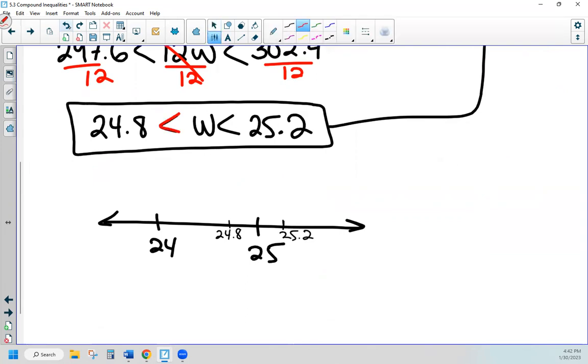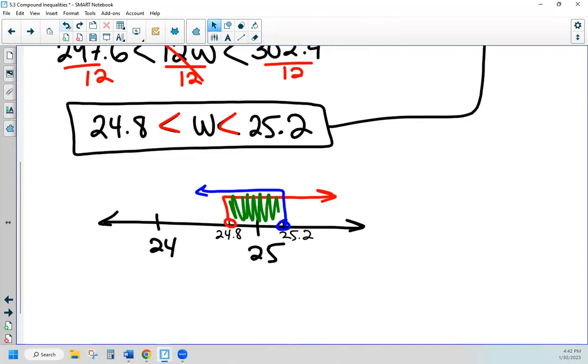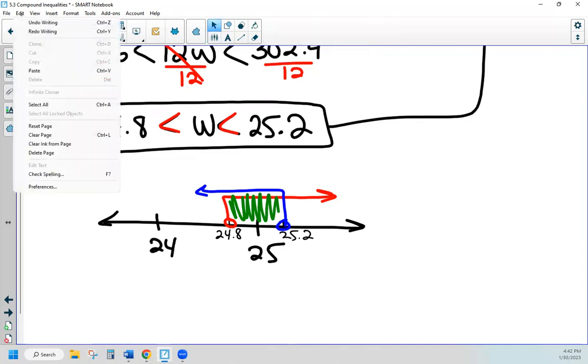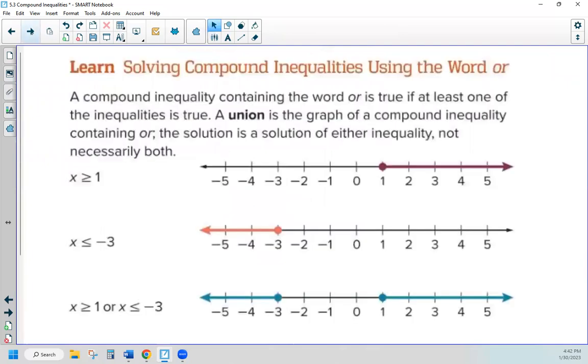Open circle for both of them. And obviously I want it to be more than that, but less than that. And once more, our shared region is the green part. That's it. Very self-explanatory, very repetitive. Let's go to this next one.